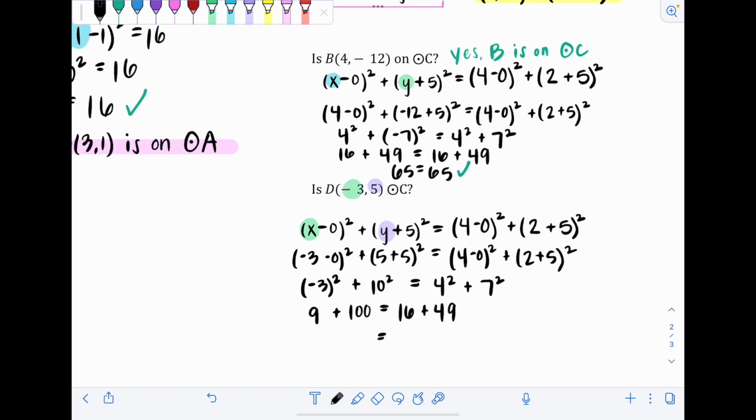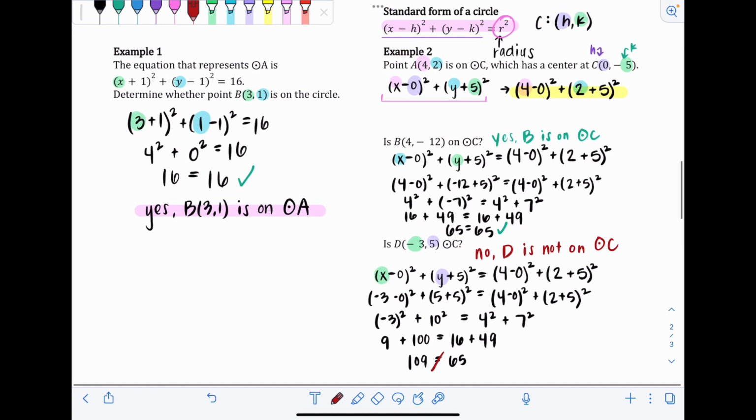We know 16 plus 49 is 65, and 9 plus 100 is 109. So that one is not true. So we would say no, point D is not on circle C.